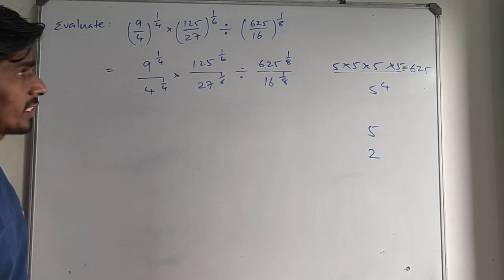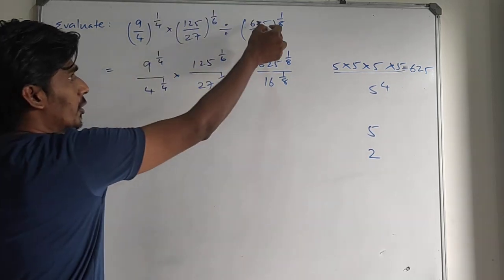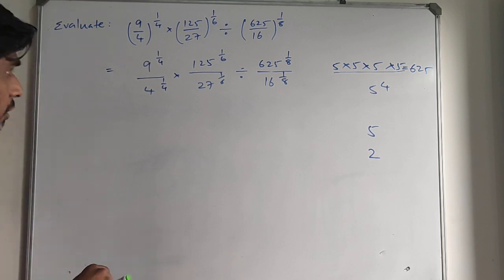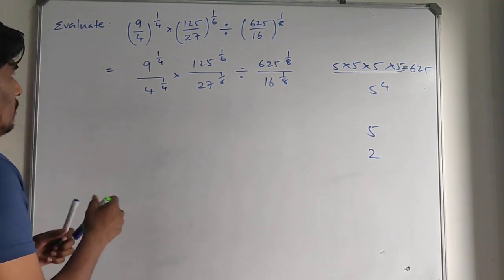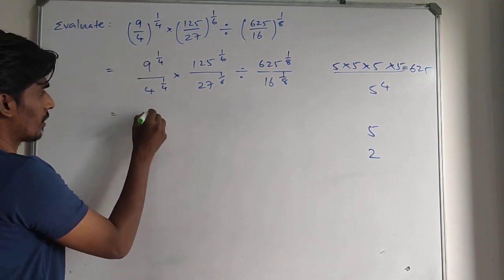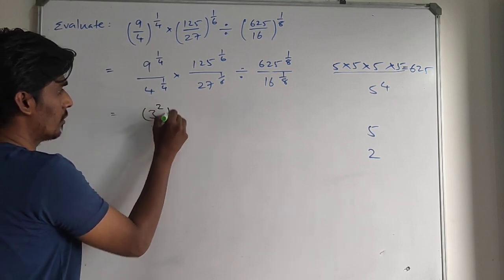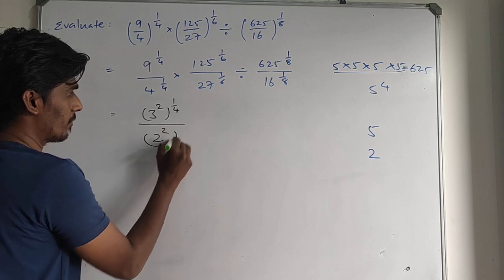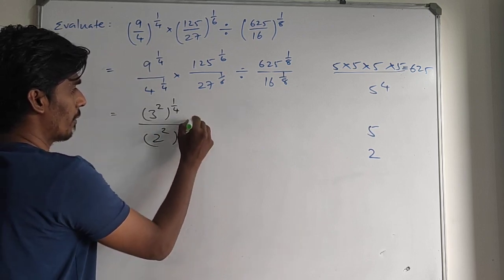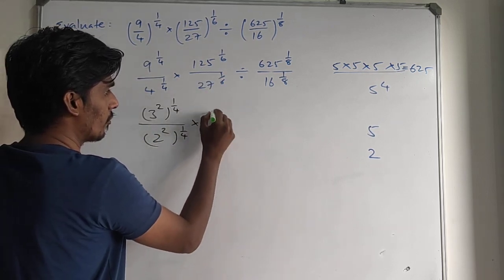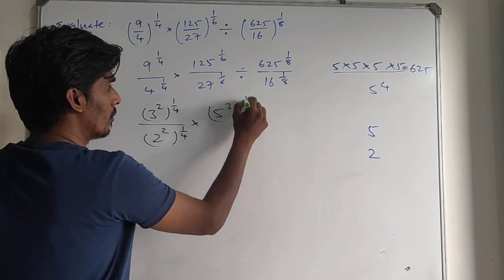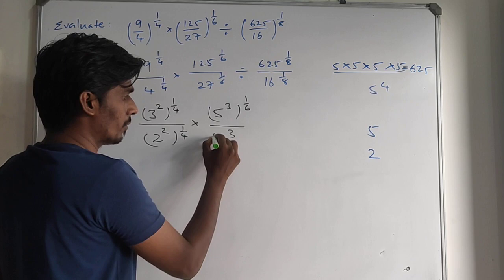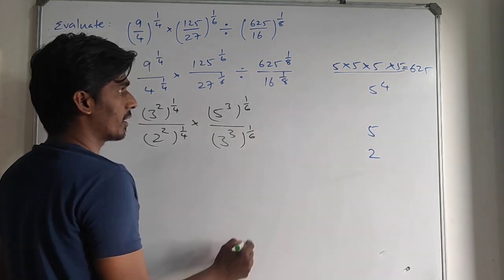So what I did in the first step, I applied the power on numerator and denominator. Now I am going to convert them into power form of these numbers. So instead of 9, it's 3 square raised to 1 by 4. 2 square raised to 1 by 4. 125 means 5 cube raised to 1 by 6. 27 means 3 cube raised to 1 by 6.